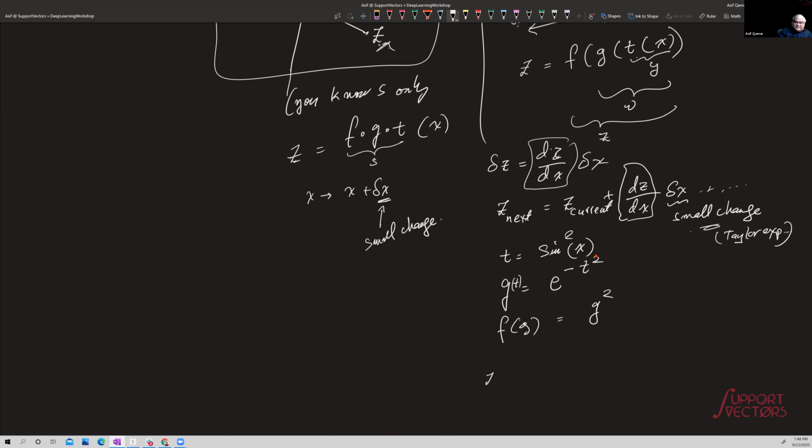So now you could write the whole thing in a complicated way. You can say that z is equal to, first of all, sine x squared, e to the minus sine, well, let me just write it as minus t because there are too many things here. E to the minus sine square x, and the entire thing squared. Or maybe I'll just make it simple. Let us say that it is equal to 10 times this.